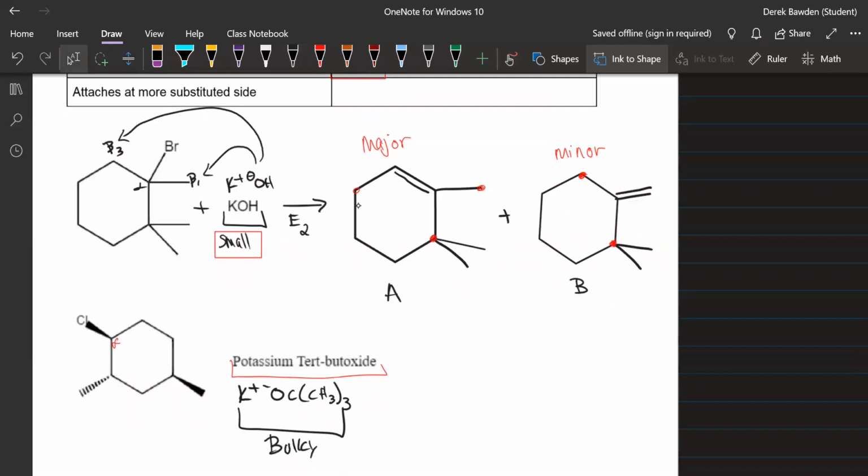So now it's going to happen. We have our beta 1 and beta 2. Which one's going to be our major product? The double bond between beta 1 and alpha, or alpha and beta 2? Any thoughts?